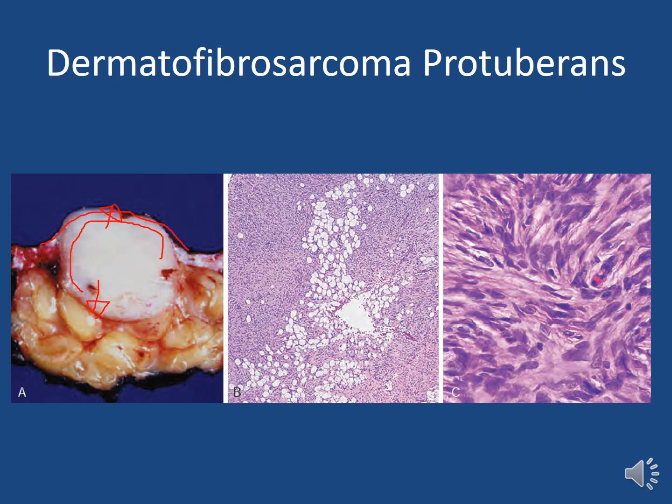This is the low power magnification showing us the spindle cells, malignant fibroblasts, now infiltrating the subcutaneous tissue, which is composed of adipose cells. On high power magnification, this is the storiform pattern of arrangement of the malignant fibroblasts.